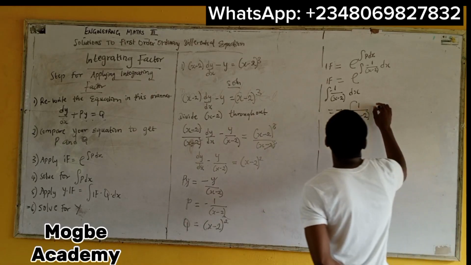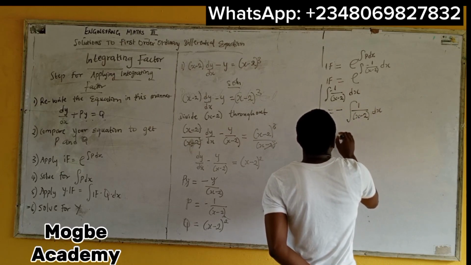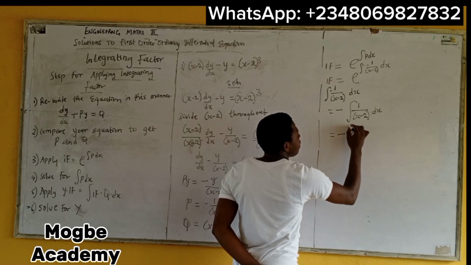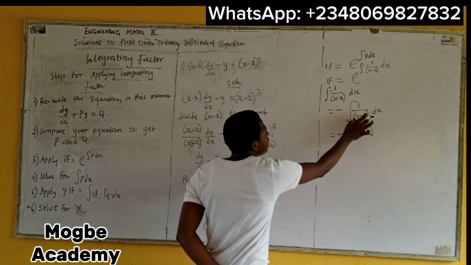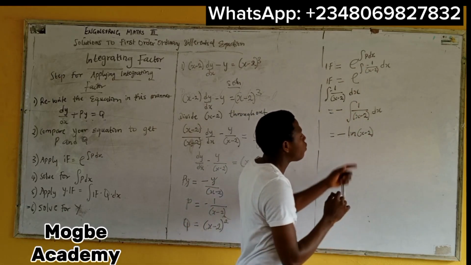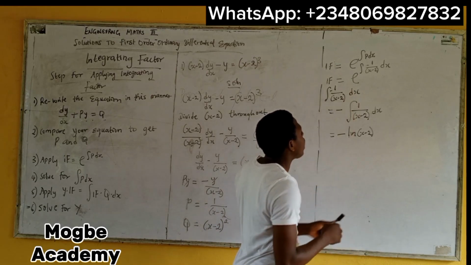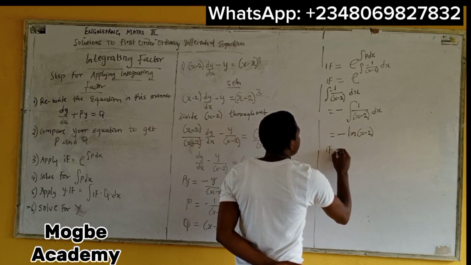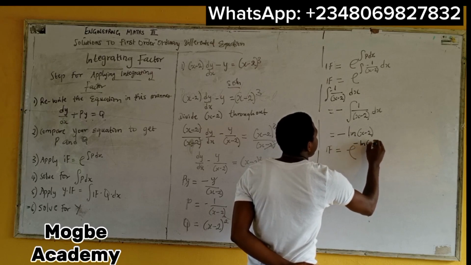So taking ln, it will now be minus ln x minus 2. So we've gotten this, and we are putting this back into the equation. Why we are not using c is because we are not finished with the solution. So substituting this back, we have IF is equal to exponential minus ln x minus 2.